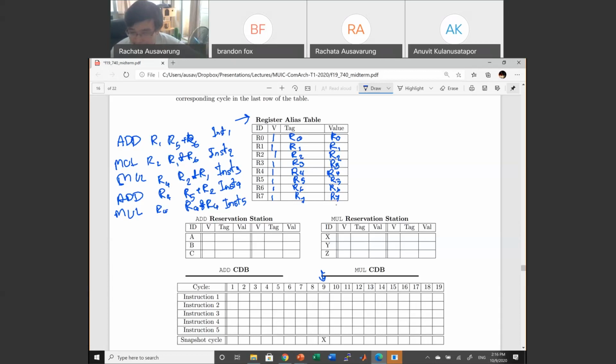You fetch instruction 1, right? That's the only thing happening in the first cycle. So let me ask the next step. What happened in the second cycle?